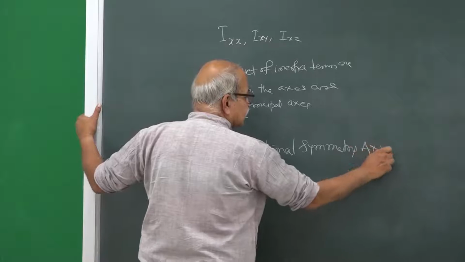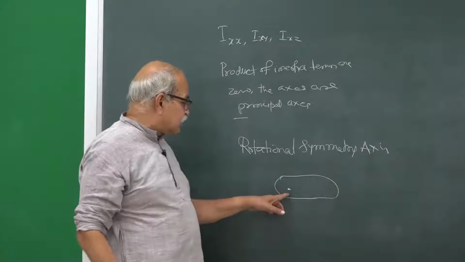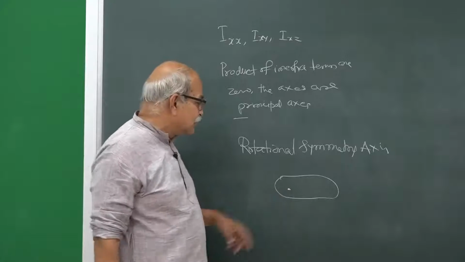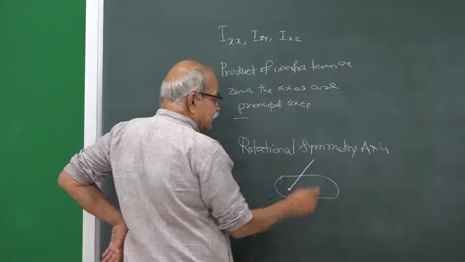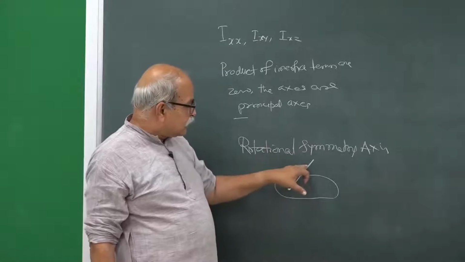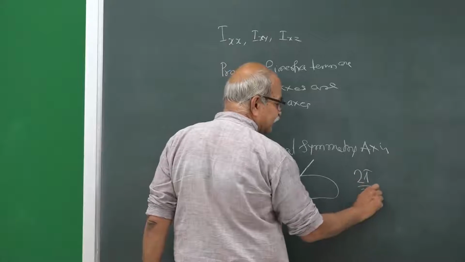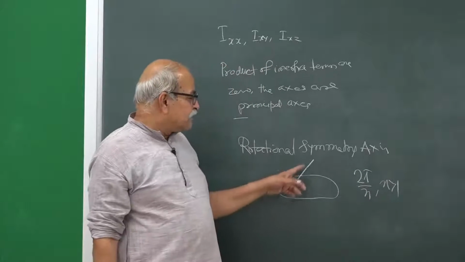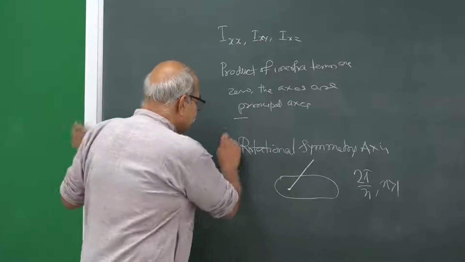If you have a rigid body and origin is given here and you are searching for 3 principal axes with this origin, and you find that okay, here is a line which is a rotational symmetry axis. If you rotate this body about this line by an angle 2 pi by n, n an integer greater than 1, then this line will be a principal axis. So, that we had given.